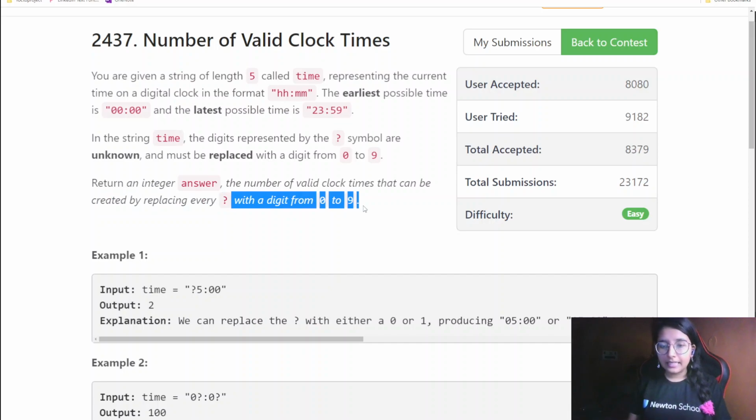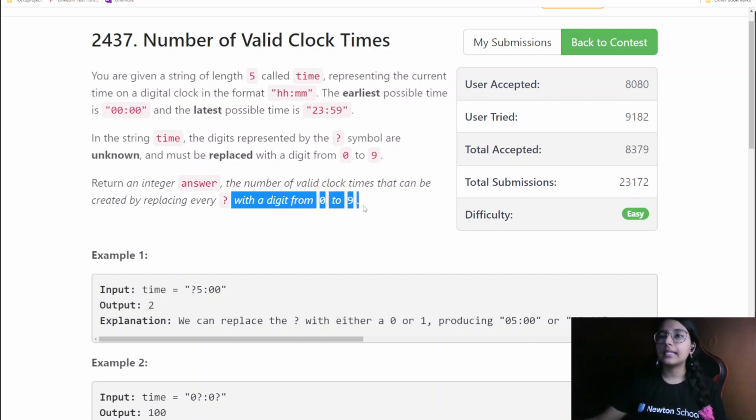So in this particular string of length 5, wherever a question mark is there, we are required to replace that question mark with a digit from 0 to 9. And we need to maintain that it should be in the range 00:00 to 23:59, basically the digital clock time. According to that only, we are required to make all the possibilities.